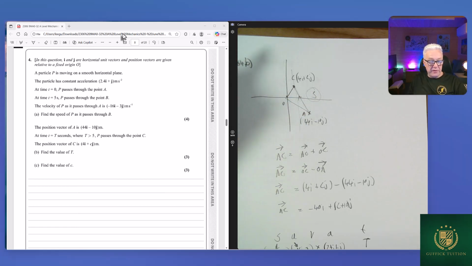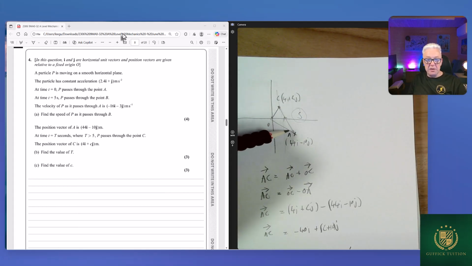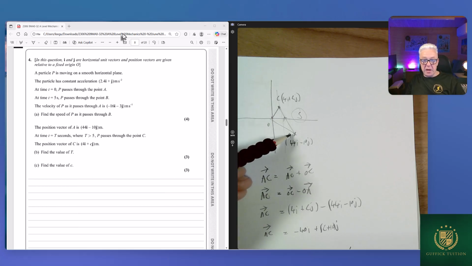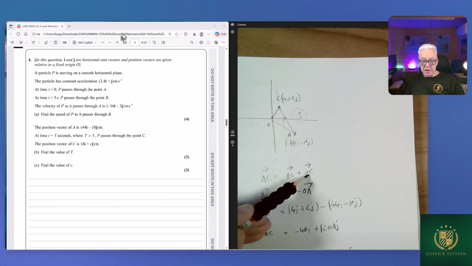So when we do a suvat calculation, that's the value that we're going to need to be using, the distance, the position vector, to go from A to C. Okay, so how do we go from A to C using vectors? Well, the way we do it is we go A to O and then we go O to C. So A to O plus O to C, but A to O is minus OA.